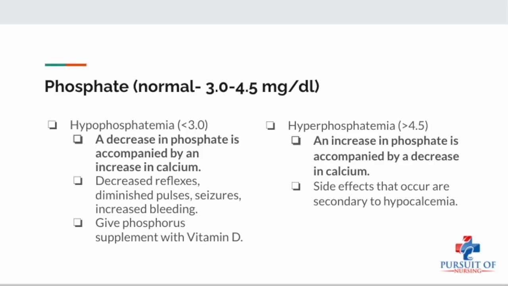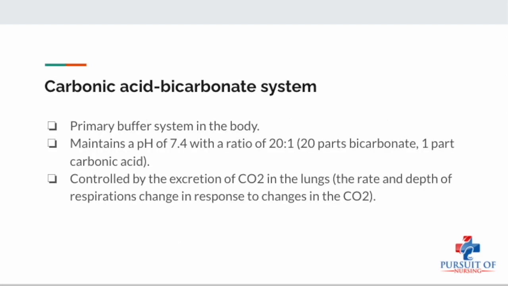So you'll go back to the assessment findings for hypocalcemia, and you will see those in the high phosphate. So of course, you're going to monitor for signs of fracture with the calcium imbalances. And then again, you want to avoid laxatives and enemas because these medications contain phosphates as well. So you will avoid laxatives and enemas in a patient with an elevated phosphate level.